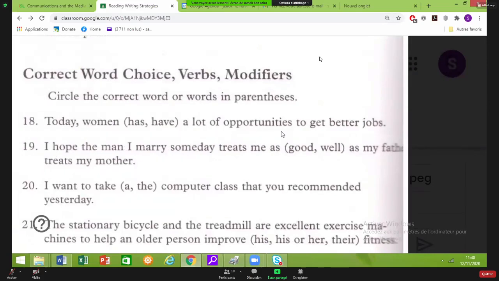So here we're going to do this exercise. I can give you 5 minutes, or 2 minutes to do this exercise. You start with the verb choice, the word choice, as I told you earlier. When you have a subject-verb agreement, what should you put? Choose the right alternative. 18, 19, 20, and 21. Quickly.